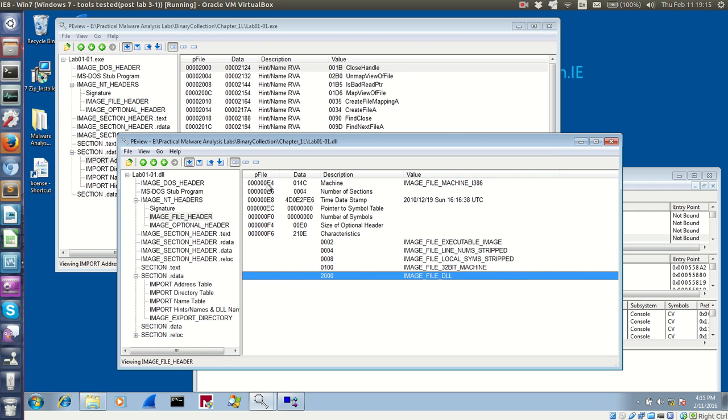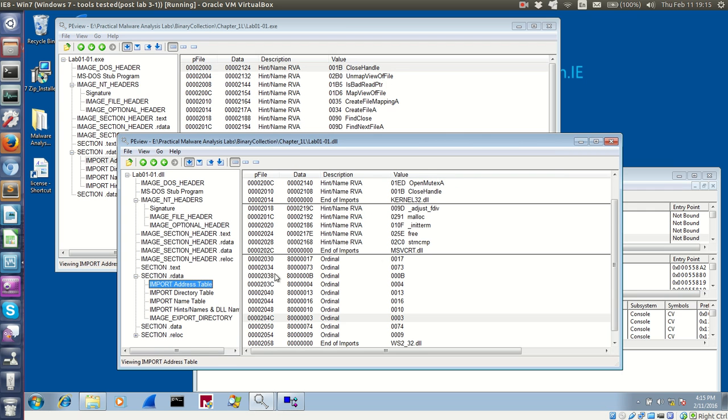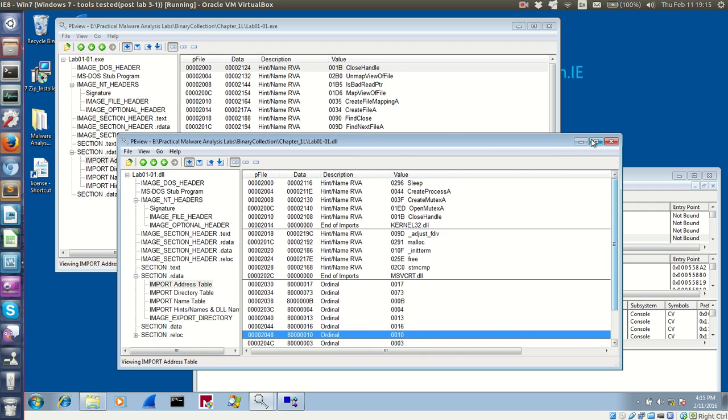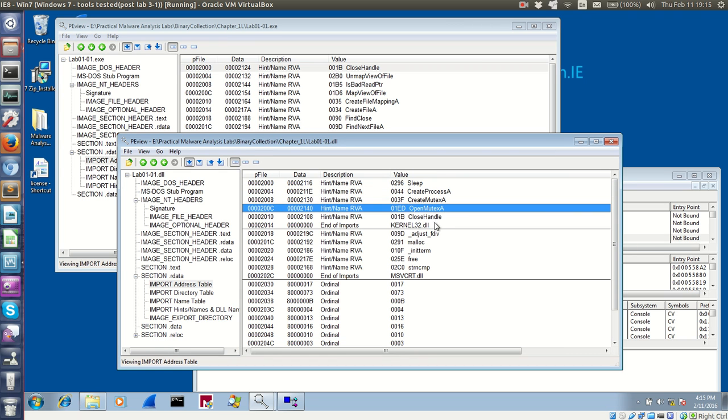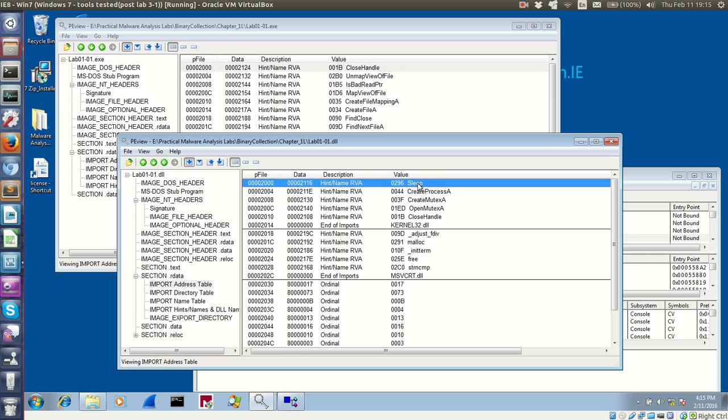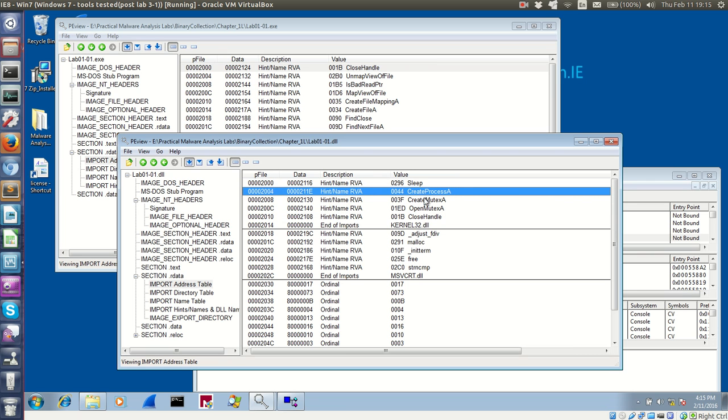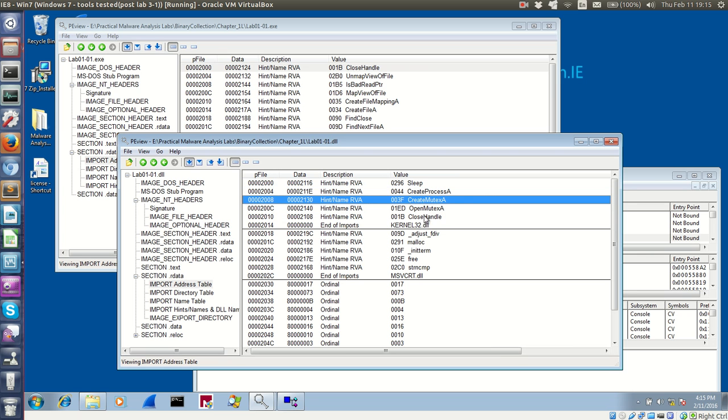And then in the DLL we have a Sleep function import, CreateProcess, CreateMutex, OpenMutex, and CloseHandle. The sleep obviously causing a process to sleep. It's creating a process, creating a mutex. In the book it mentions that mutexes are often used by malware to see if there are other instances of the malware on the system. Not sure if that's the case here, but we can note that.